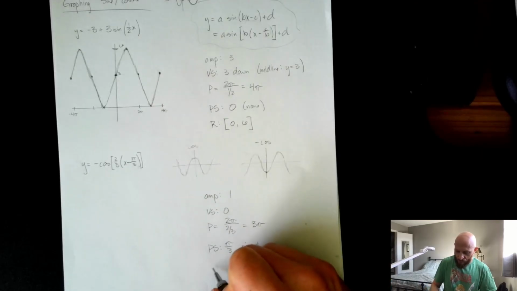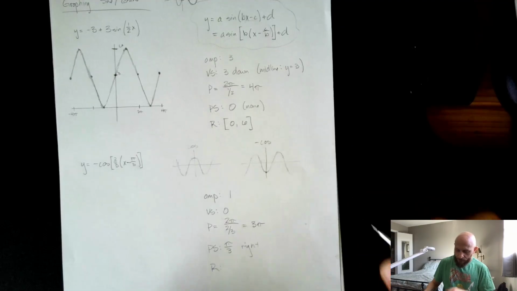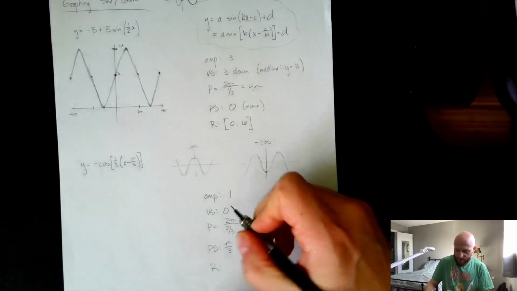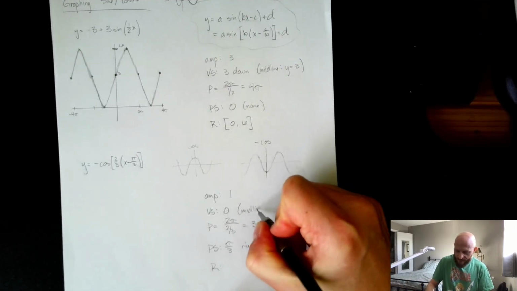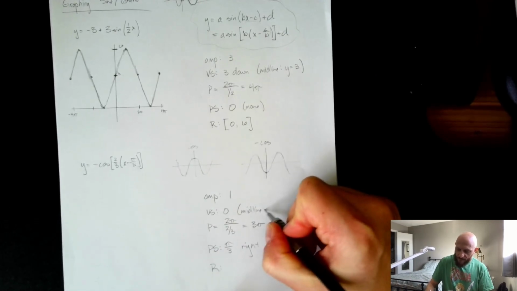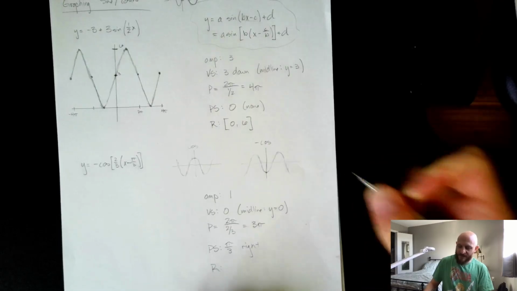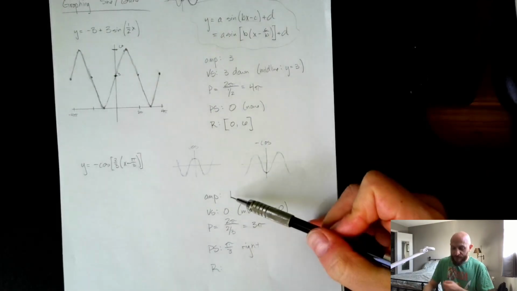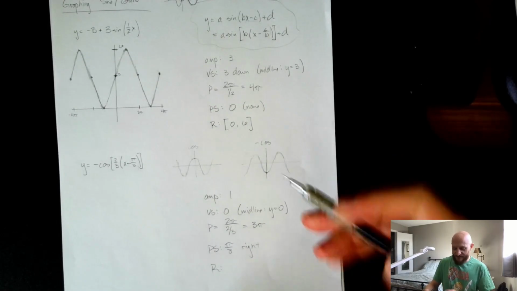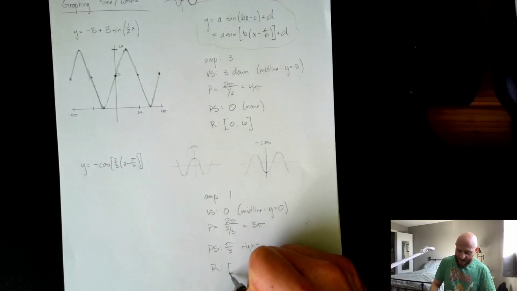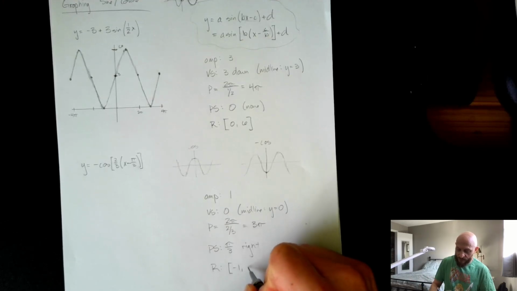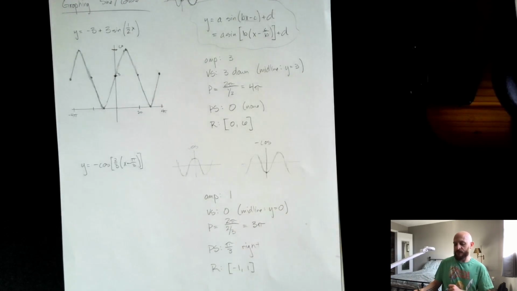And then the range, well, there is no vertical shift, so the midline is still just the line y equals 0, or the x-axis. The amplitude is still just 1, so it has the exact same range as the regular cosine, which is from -1 to +1.